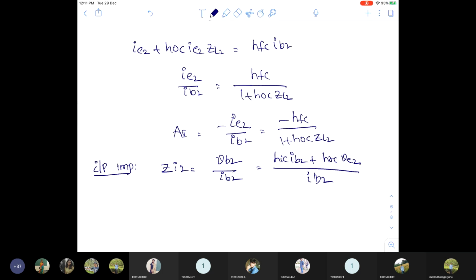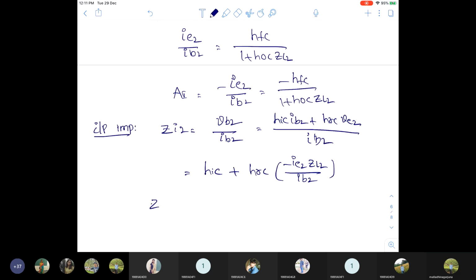Separating the terms, you get HIC plus HRC, whereas VE2 is nothing but minus IE2 into ZL2 by IB2. That is, ZI2 equal to HIC plus HRC into AI2 into ZL2, since minus IE2 by IB2 is nothing but AI2. This is the input impedance.